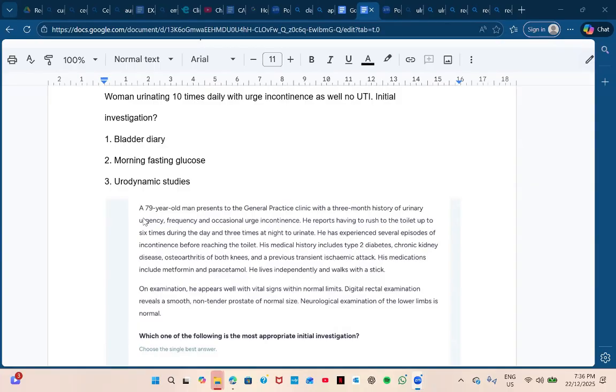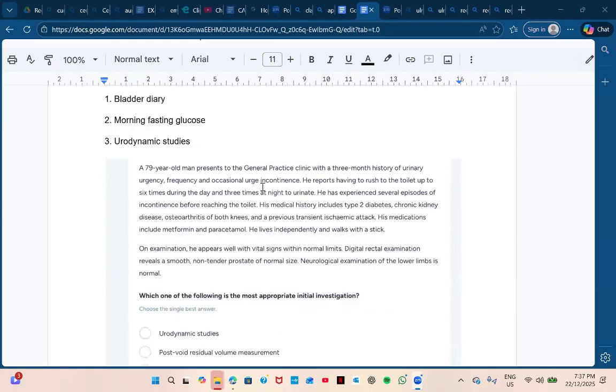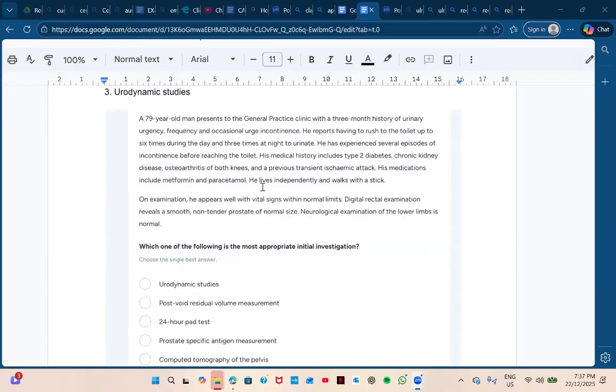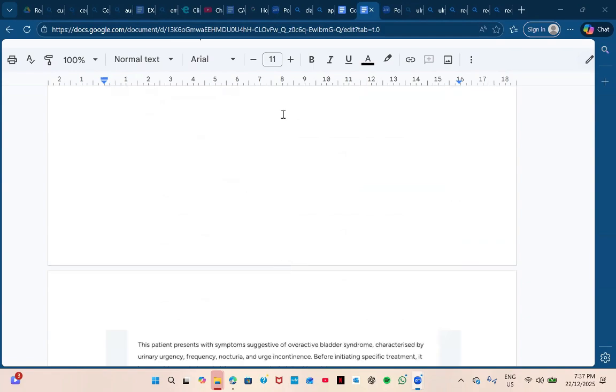In that case, for initial investigation we can go with urine analysis, then blood chemistry. If they ask for the most appropriate one, then you have to think about post void residual volume measurement to exclude retention.